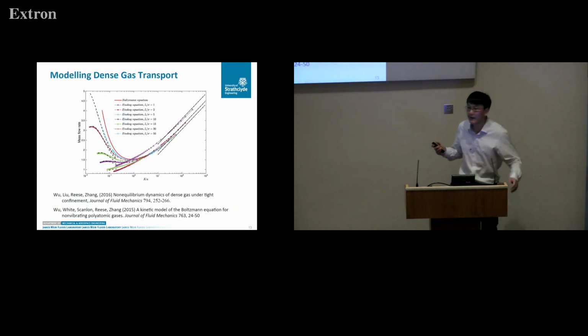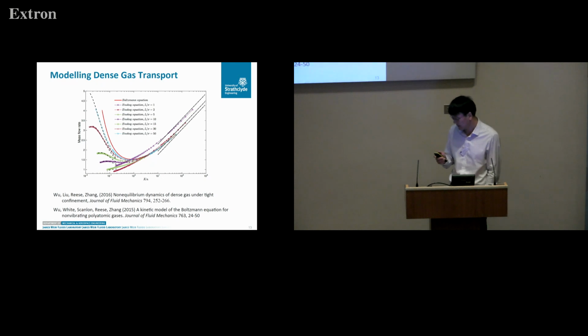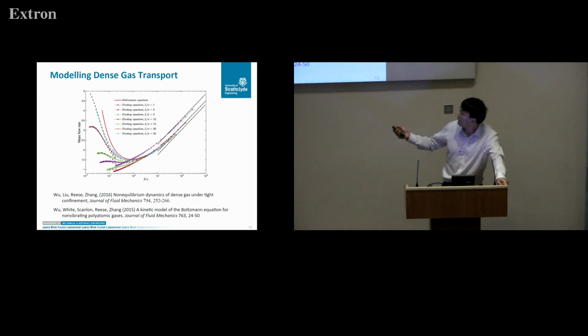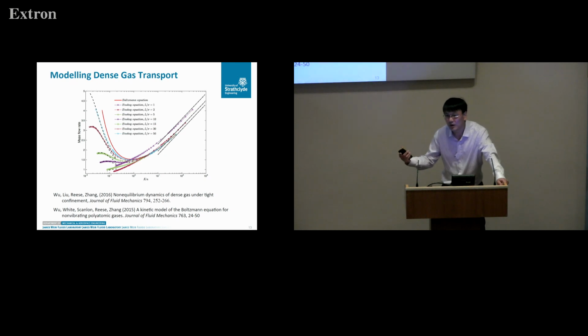This is a very simple study of dense gas flow through a simple channel. We resolve the so-called Enskog equation, which is an extension of the Boltzmann equation, so it can apply to dense gas. But it is extremely computationally expensive, so we can only afford to do the simple channel flow.